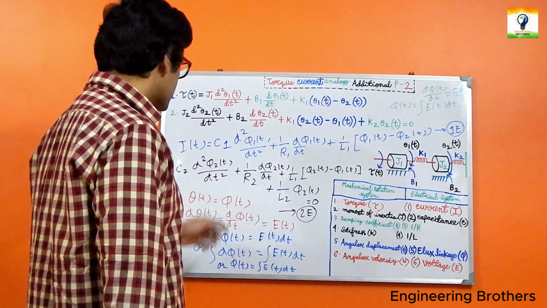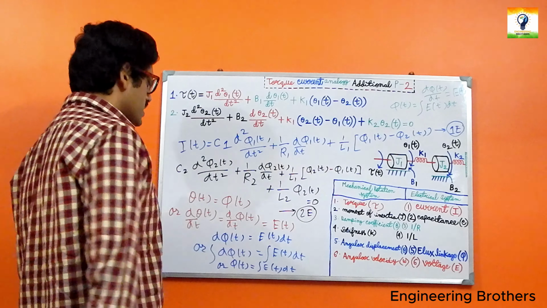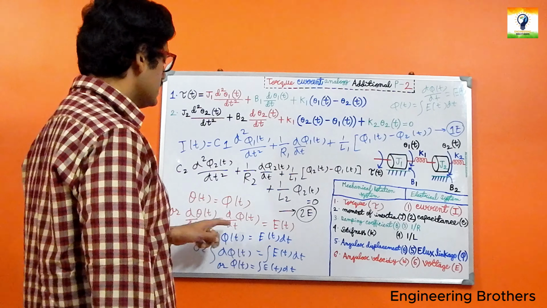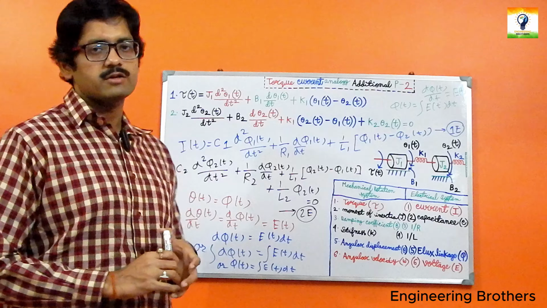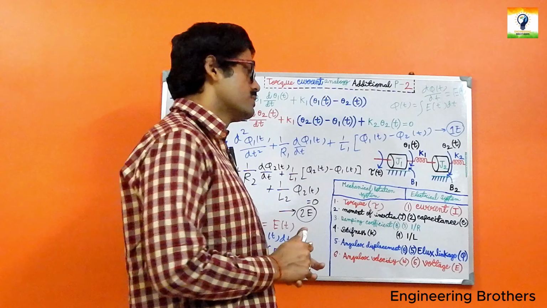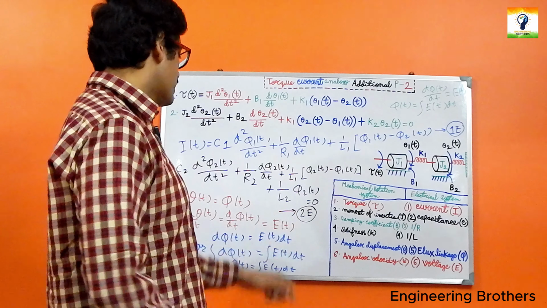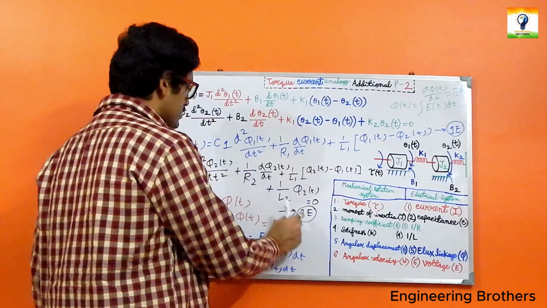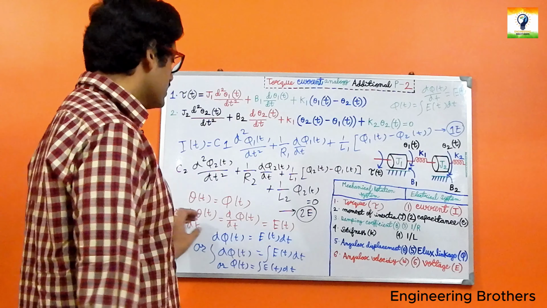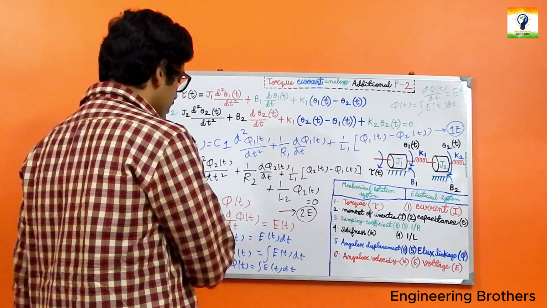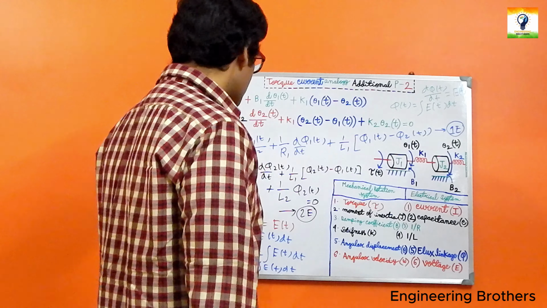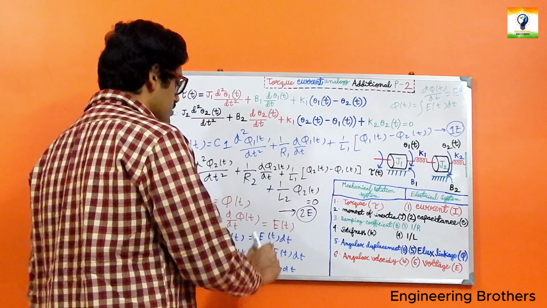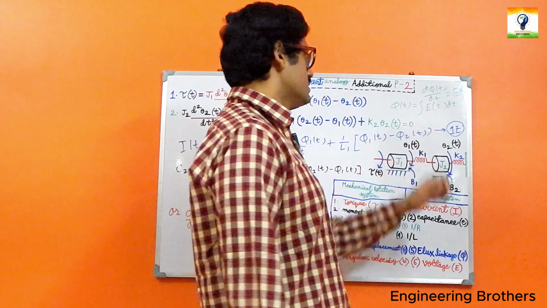And if you take the derivative on both sides, we get d phi by dt. According to the definition for an electrical system, we know that the rate of change of flux with respect to time leads us to the expression for voltage E t. So d phi by dt is equal to E t, and from this relation we rearranged our expression and ultimately got phi t equal to the integration of E t dt.